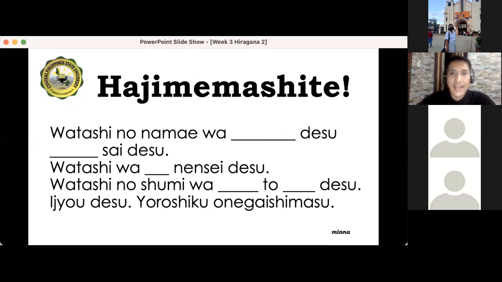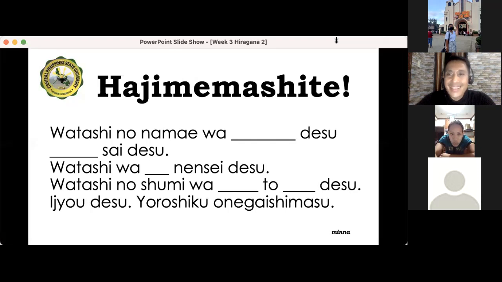Sige nga, try natin. Hajimemashite. Watashi no namae. Ay, excuse me, sir, is that okay if hindi ko magamit na ng Japanese kaya hindi ko ka ano, sir? Yeah, you can say your name in the way you speak or you pronounce it. Watashi no namae wa Ibanez Sterling Grace desu, nijusai desu.